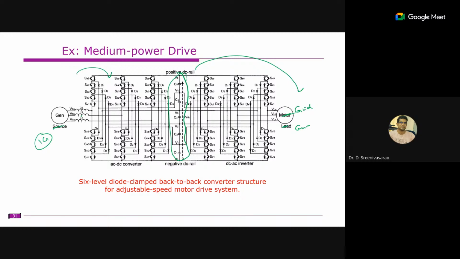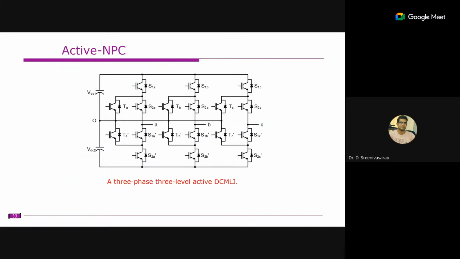So we normally have some other alternative circuits. This one is ANPC, which is known as active neutral point clamped. Instead of diodes, we now replace them with active switches, along with the anti-parallel diodes.